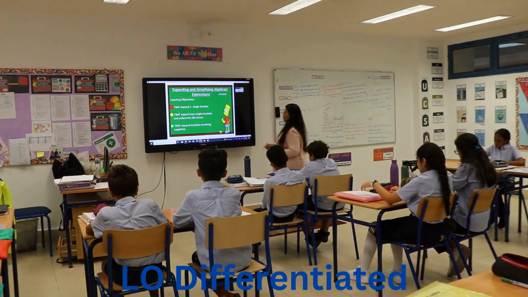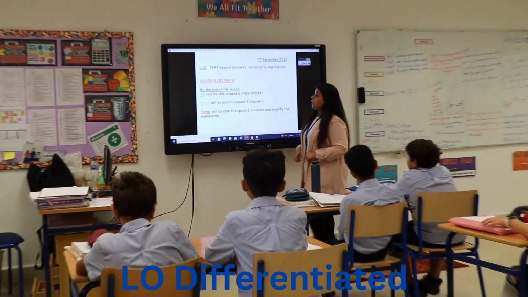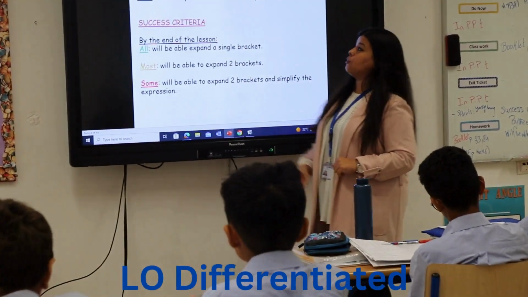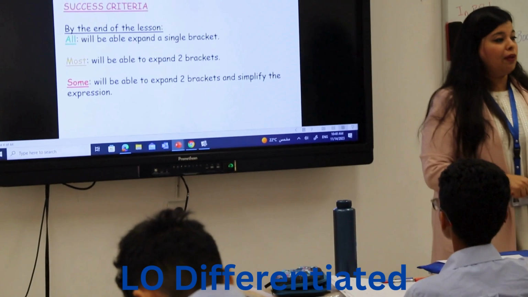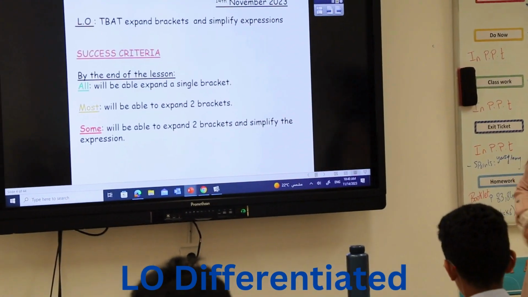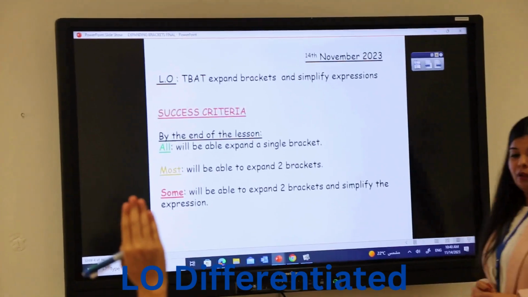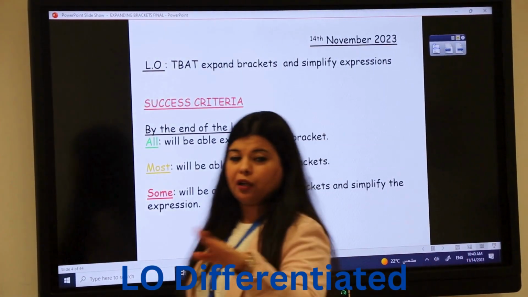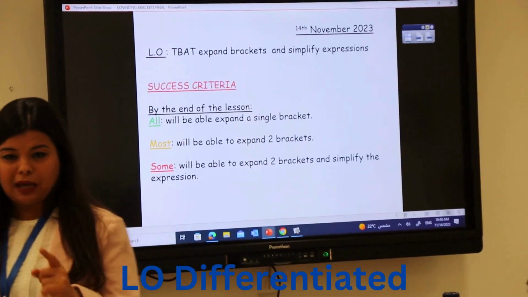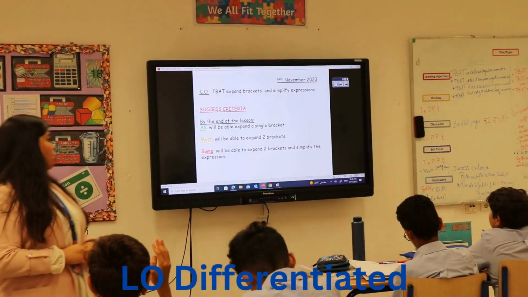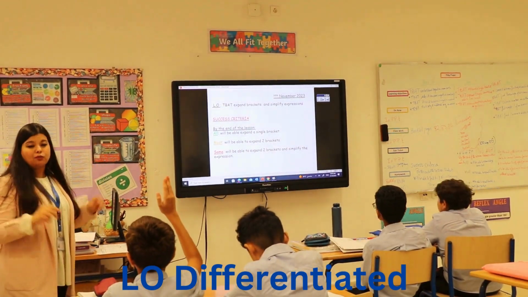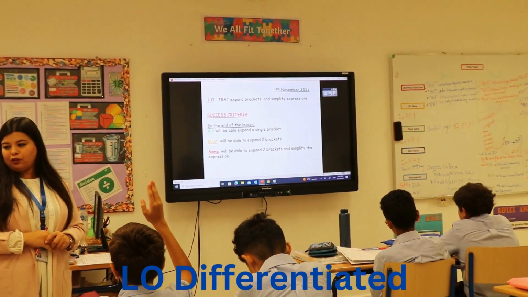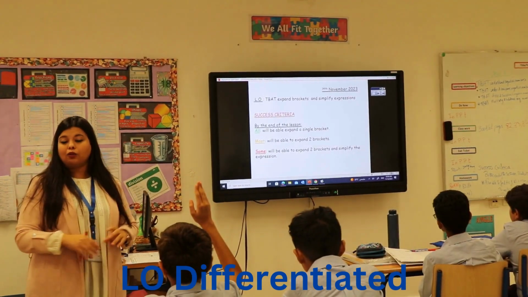Okay? So the LO for today is to be able to expand brackets and simplify expressions. And this is our success criteria. By the end of the session, everybody will be able to expand a single bracket, and most of you will be able to expand 2 brackets, and some of you will be able to expand 2 brackets and collect like terms.